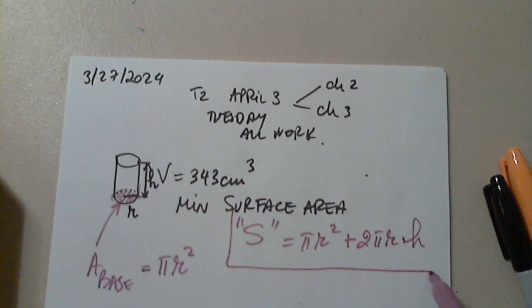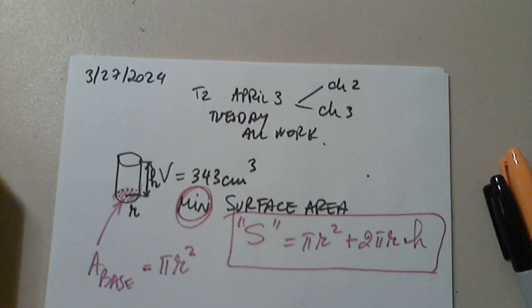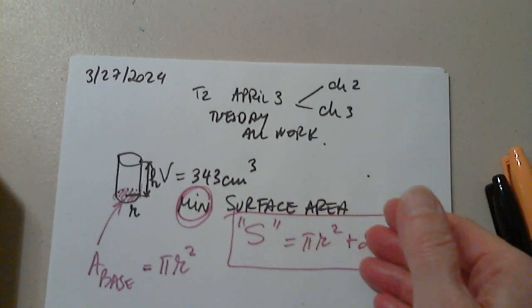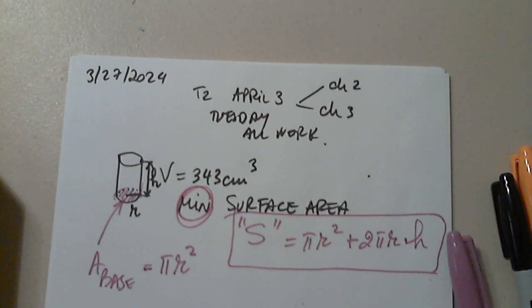So this is the function that we have to minimize. In other words, we have to find its minimum. Now I have a problem here. Can anyone tell us what is the problem? When you look at this function, what do you say? Oh, there is a problem. What is the problem?